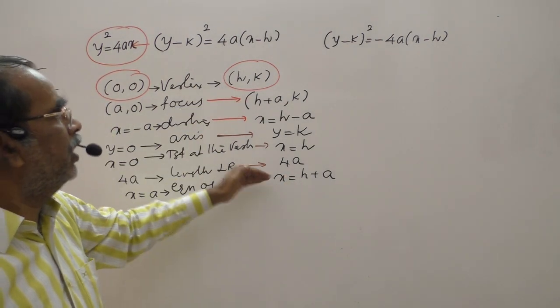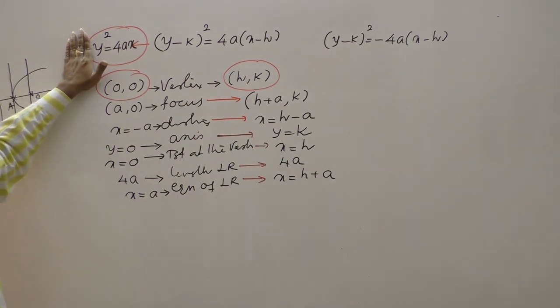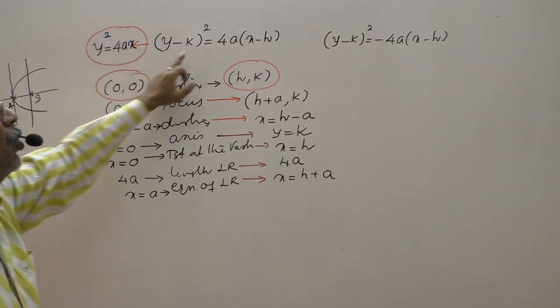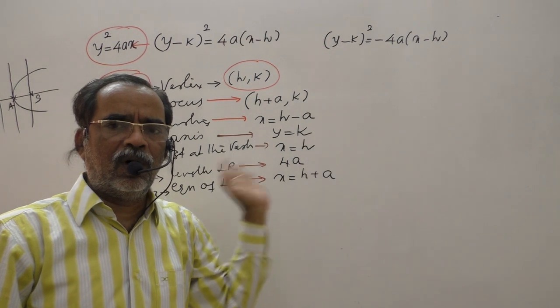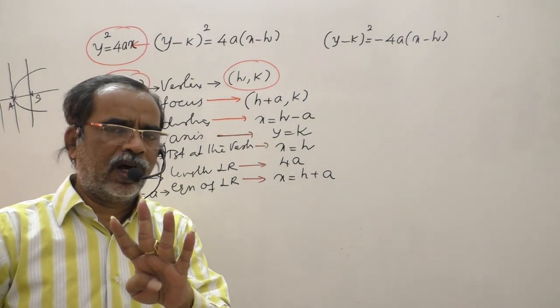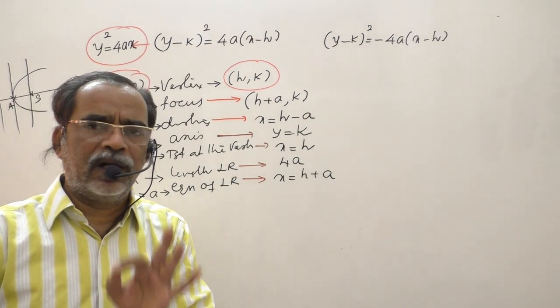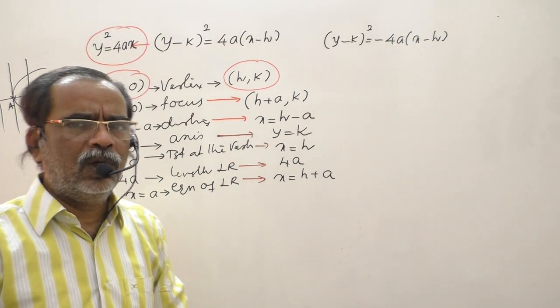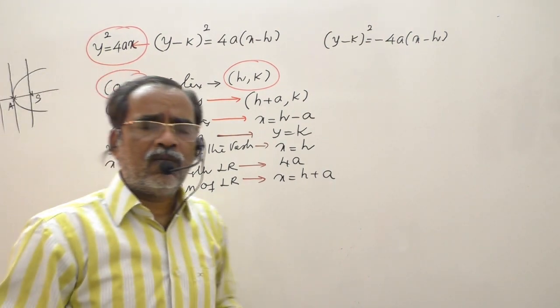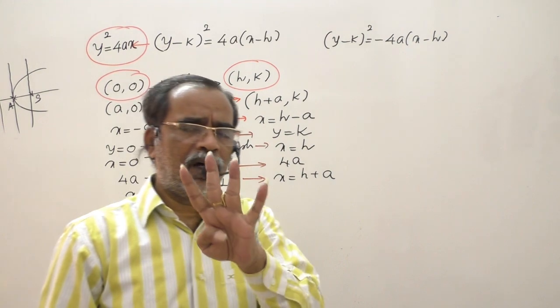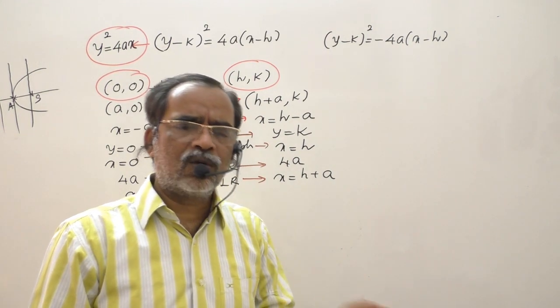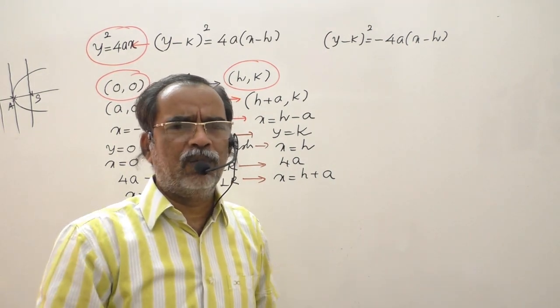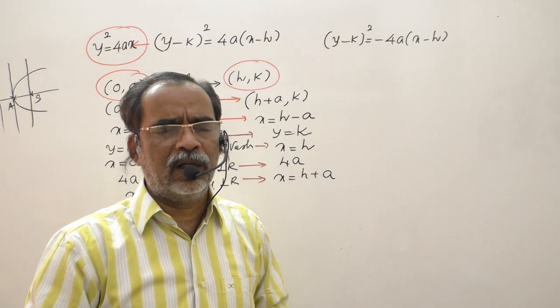So in this way, by remembering the 4 standard forms, you can write the details of all the parabolas, the 4 parabolas which are in the second set. Very simple. If you make a list, in the first set there are 4 parabolas, here also 4, making the number of formulas more. I don't like that.